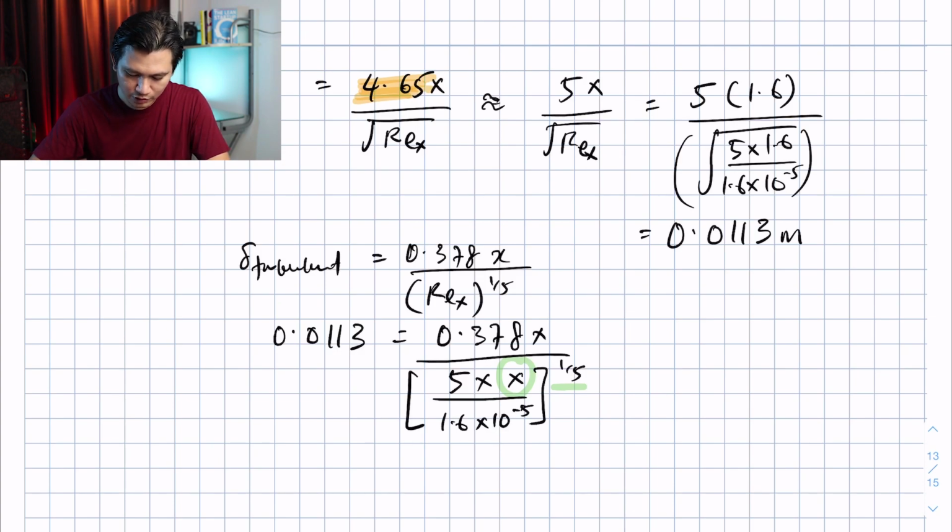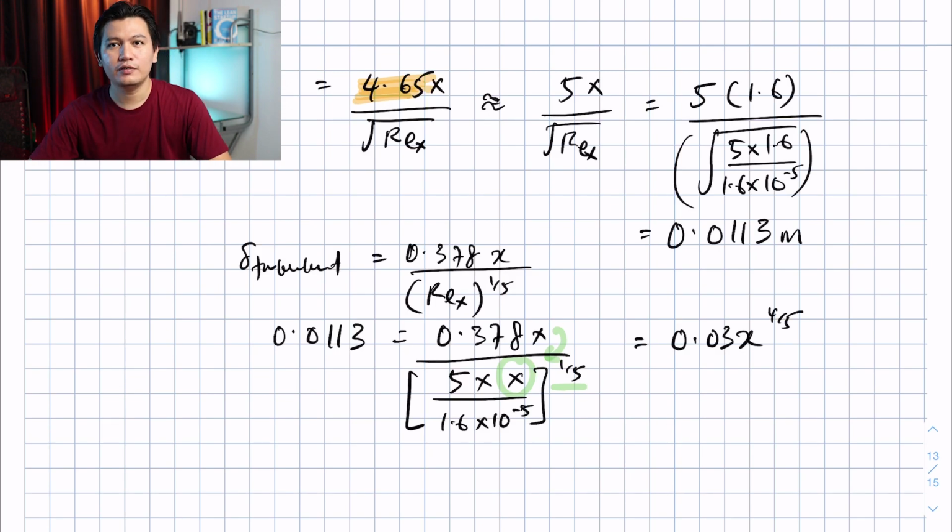So I'm just going to divide this first, and I end up with x to the power of 4 over 5. I'm going to take everything out of the bracket: 5 divided by 1.6 times 10 to the power of minus 5, and everything to the power of 1 over 5. Then 0.378 divided by everything, and you will have 0.03x to the power of 4 over 5.